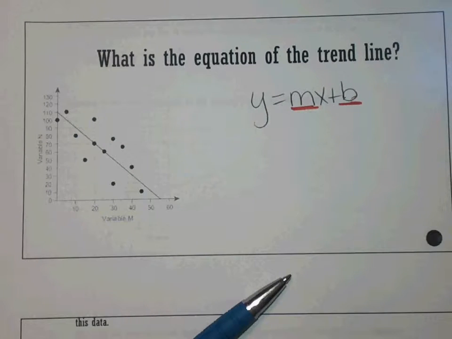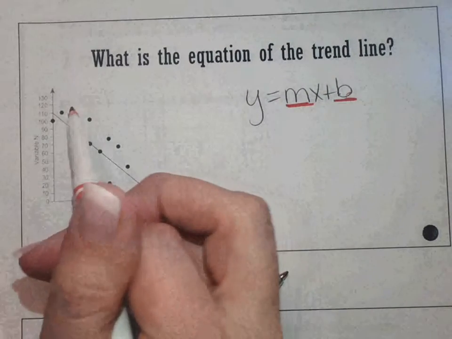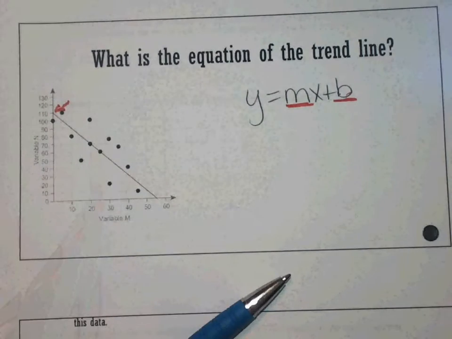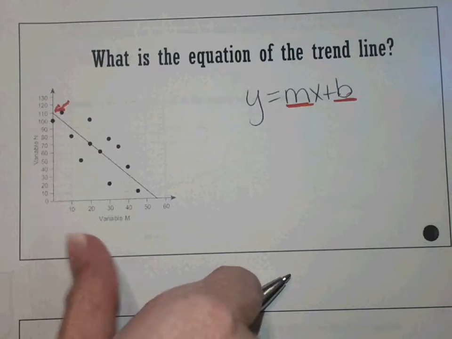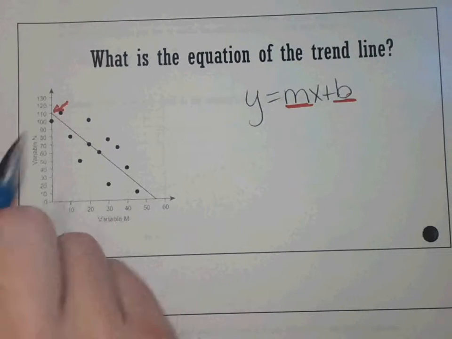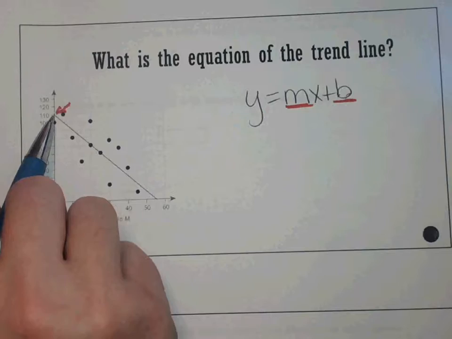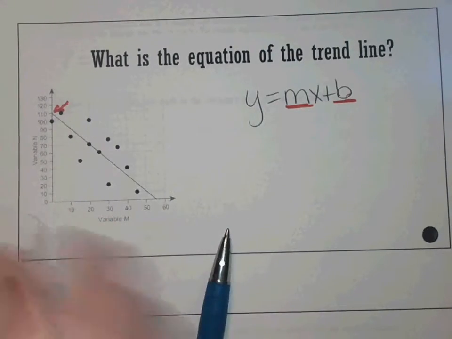We're looking for the m, which is the slope, and the b, which is our y-intercept. Our y-intercept is where it intercepts the y-axis, which is right here. I can see that my line crosses the y-axis right here at 110.